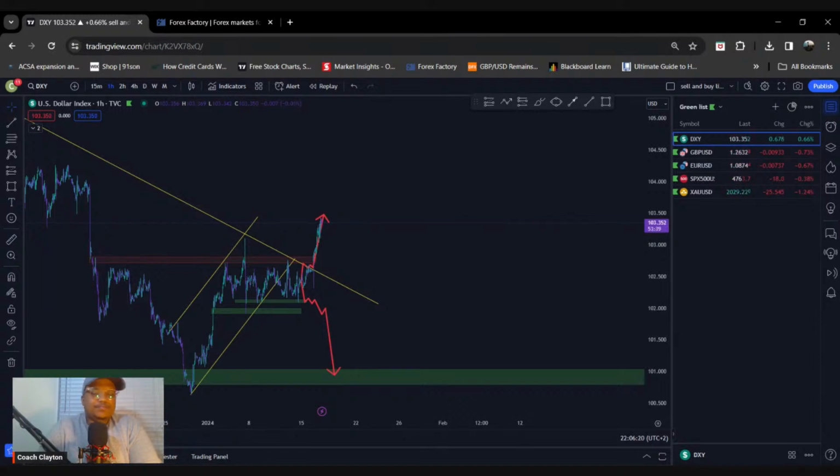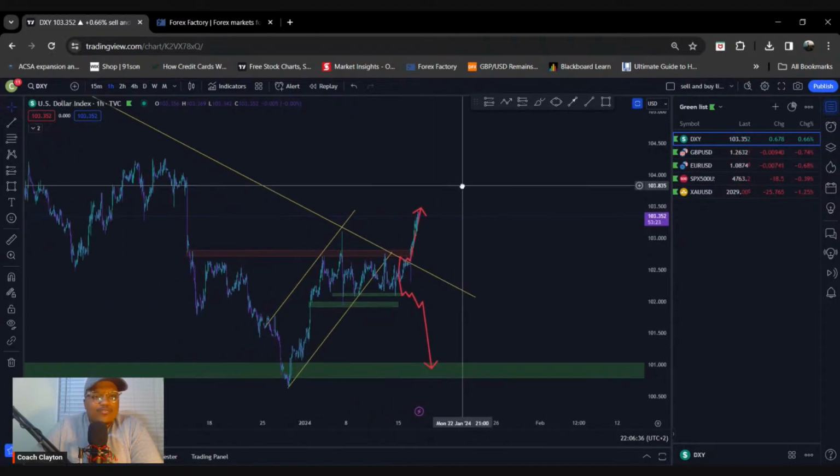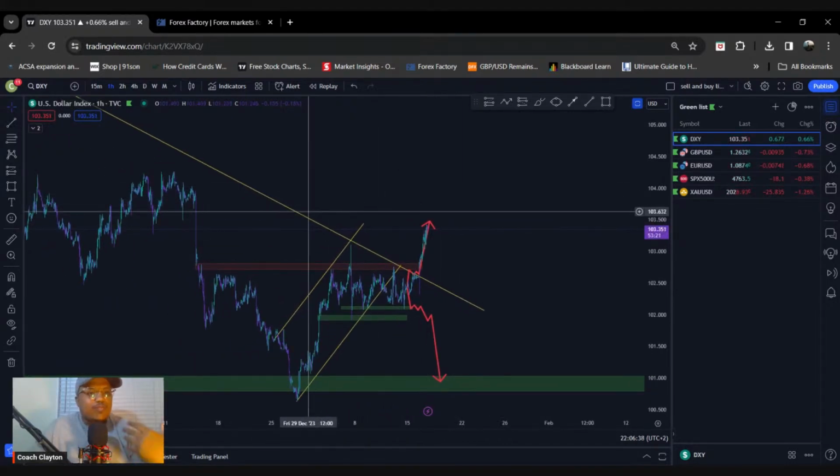Now, if we look at how the market operated, we have seen that the currencies, gold, and the S&P 500 were all red, but the Dixie was green. This is a wonderful opportunity to see how the market operates.